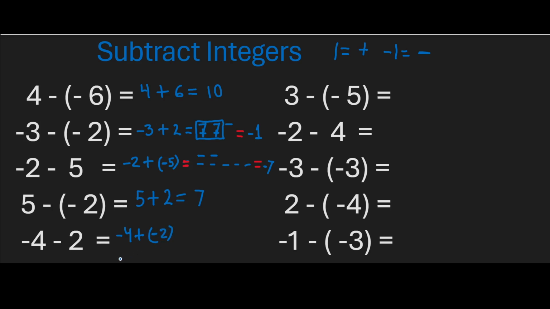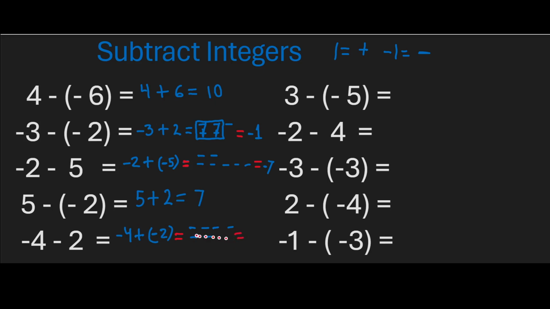Okay? And now I'm going to write the equal sign, and then I'm going to write how many negatives I have. I have four of them. One, two, three, four. And to these, I'm going to be adding two more negatives, one and two.